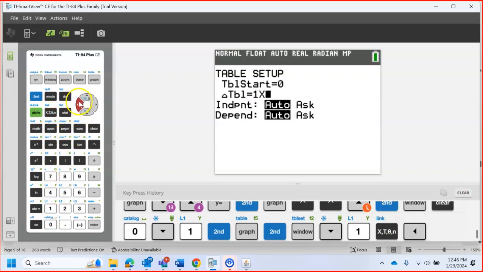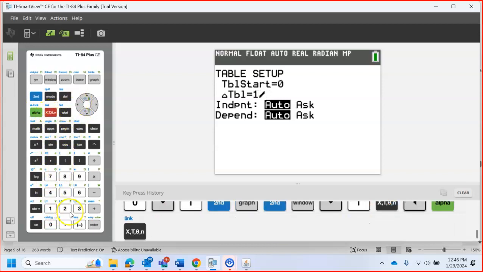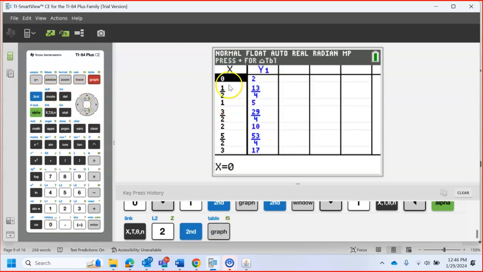I would put it in fraction, 1 over 2. If you put in a fraction, the values will come in fraction. If you put in a decimal, the values come in decimal. Second table. Again, you just copy. You can move like 0, half, 1, 1.5, and so on.